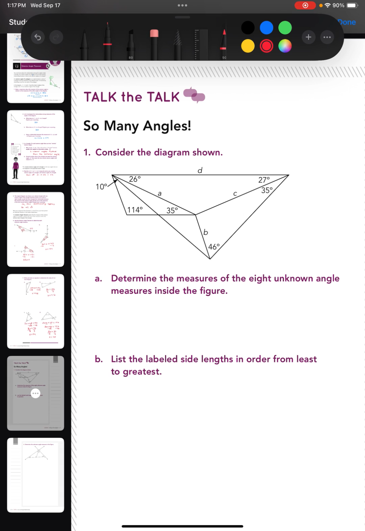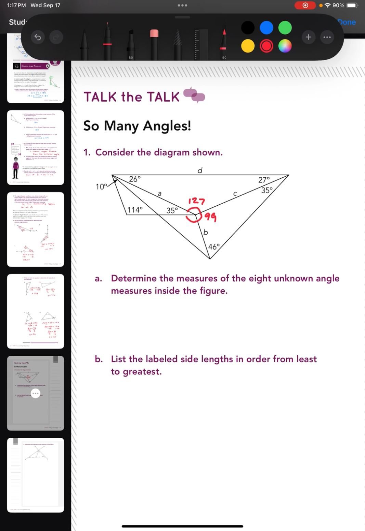Okay, so looking at these triangles, I can tell first of all that this angle here, just using triangle sum theorem, adding those up, 27 plus 26 to get to 180, this would be 127. We could use the same idea here. 46 plus 35 to get to 180, we would need to be 99. Now to get this angle, we can use something a little different we didn't quite talk about, but angles in a circle all the way around is 360 degrees.